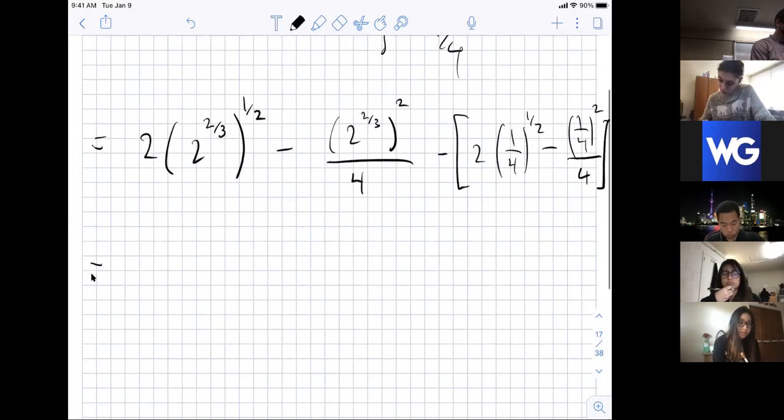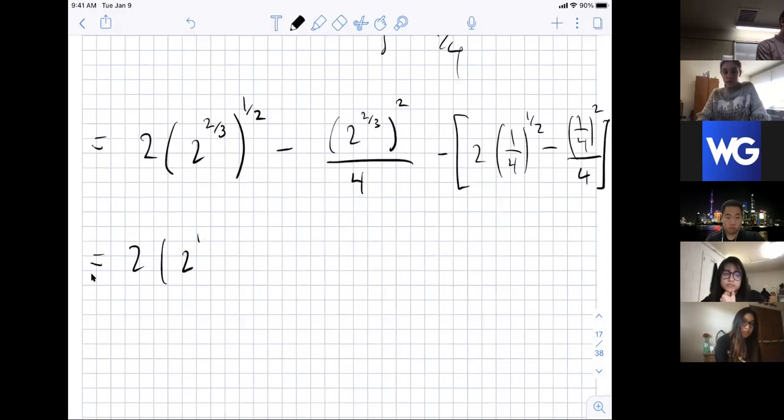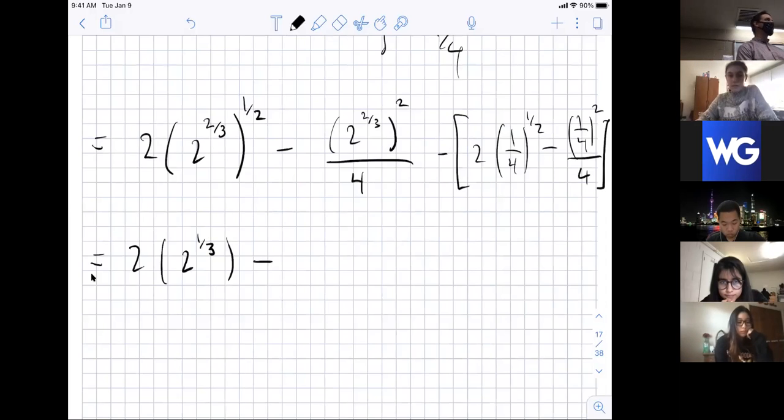Okay, so 2 times 2 to the 2/3 to the 1/2, that 2 from the 2/3 and the 1/2, those cancel, right? And that just becomes 2 to the 1/3. Minus 2 to the 2/3 squared.